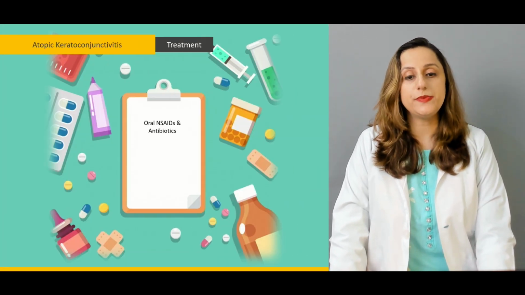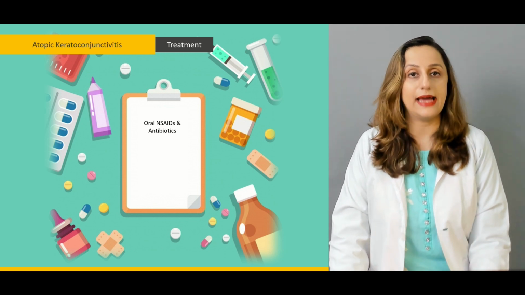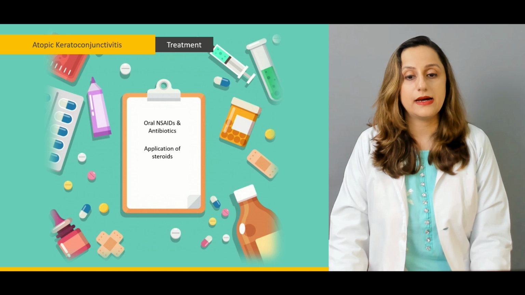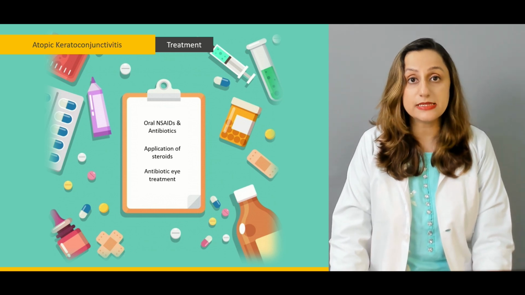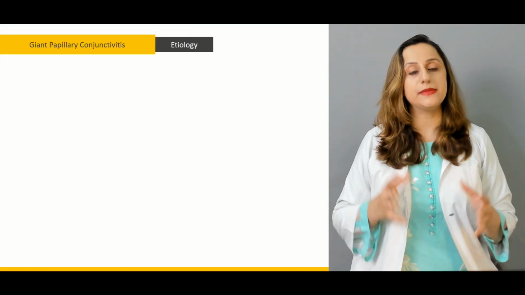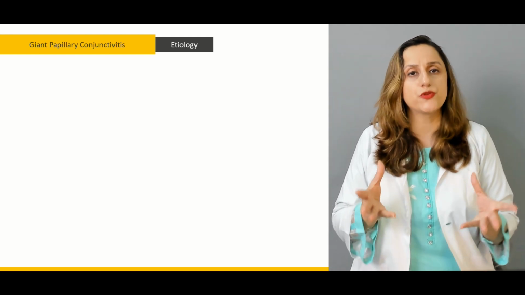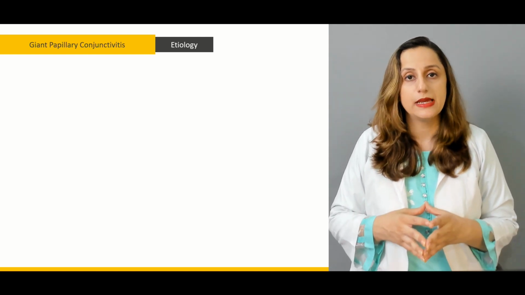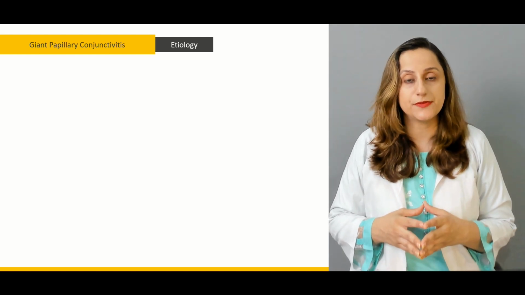The treatment would be that you should prescribe the patient oral NSAIDs and antihistamines, antibiotics, application of steroids, antibiotic eye treatments, and then the other associated features, for example, the use of goggles for the photophobia, and other complementary prescriptions would be given.